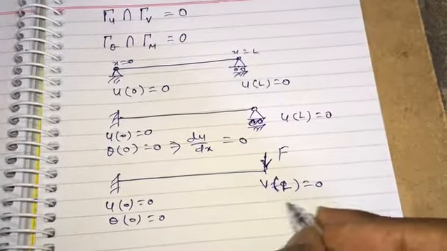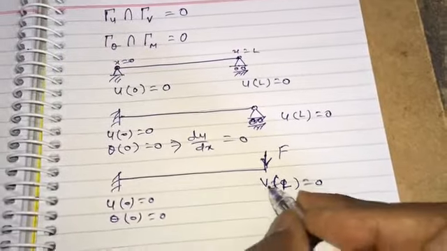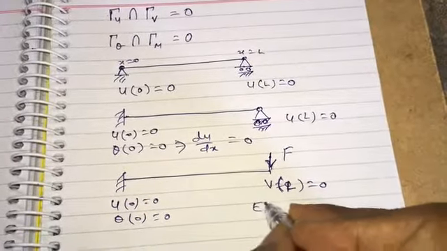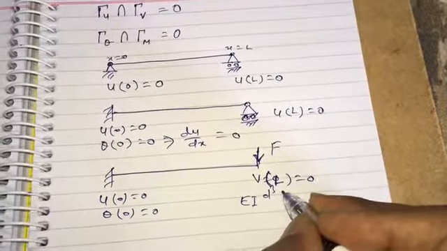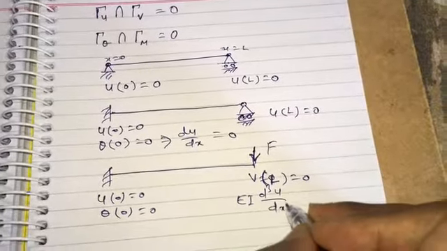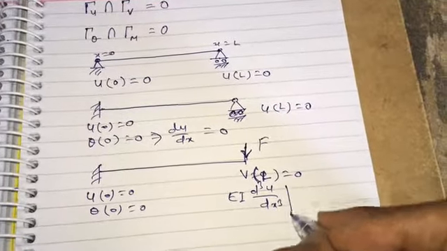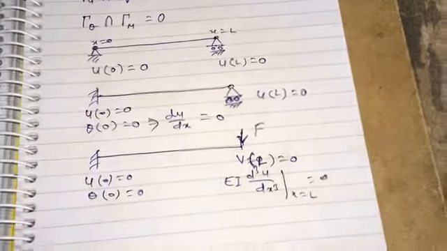What is the meaning of that? The shear force V, as you know, is EI d cubed u over dx cubed at x equal to L equal to 0. That really means that.